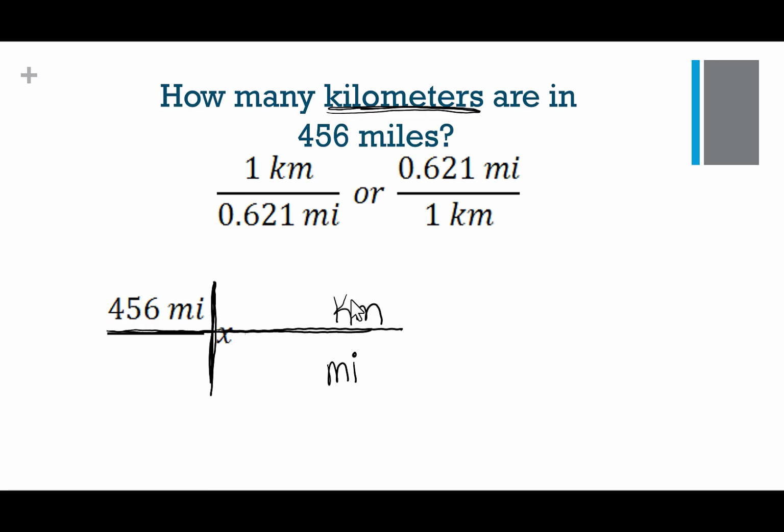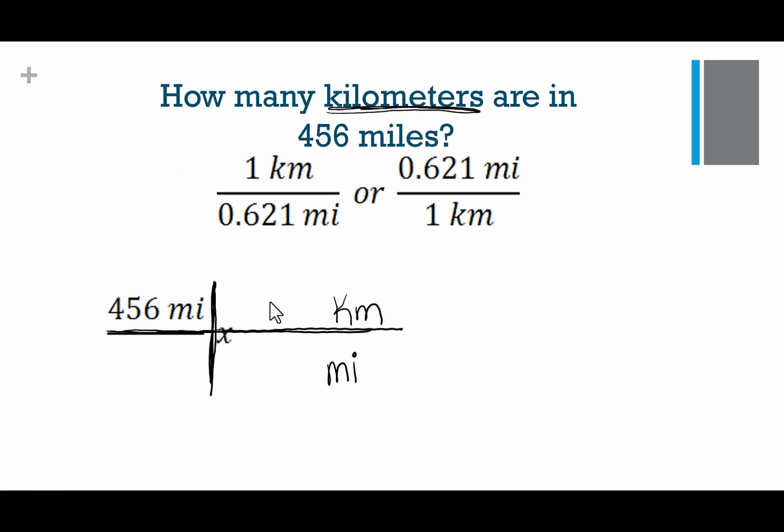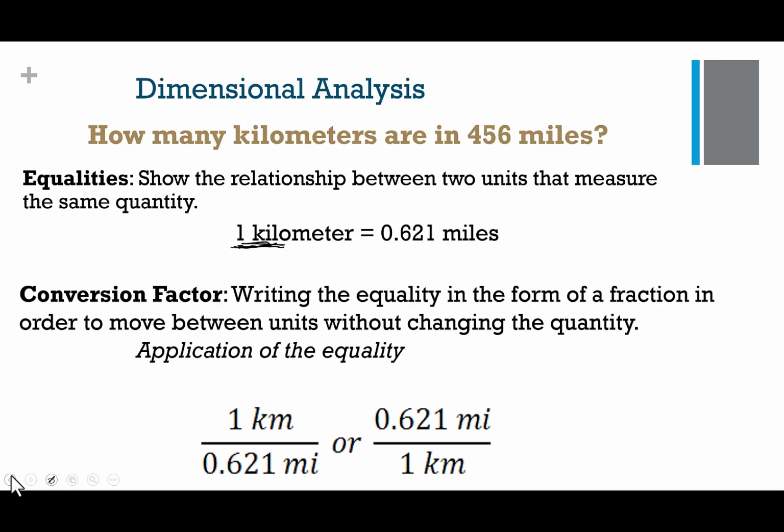Inputting numbers is the last thing that we do. To input the numbers, we go back to our equality. What number was attached to the unit kilometer? The number 1 was attached to kilometer, so that is going to stay with the unit kilometer. What number was attached to the unit of miles?